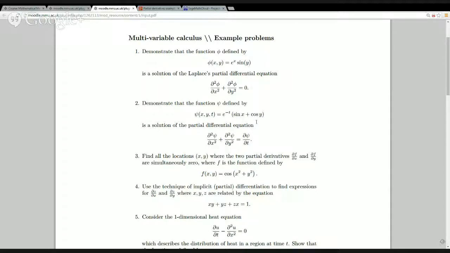So we're adding those two together, and you do indeed get minus psi, which equals d psi dt.